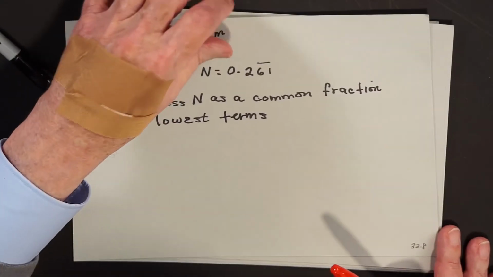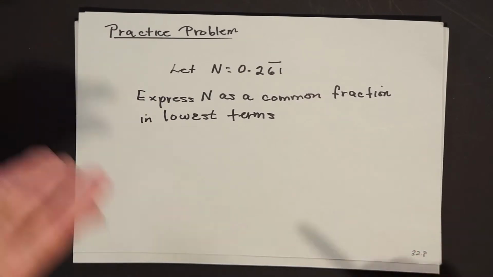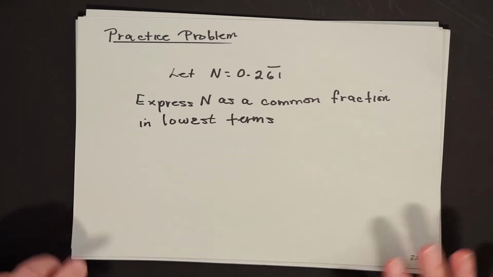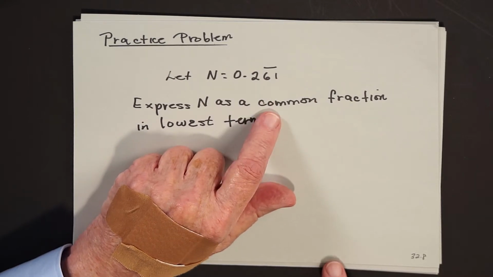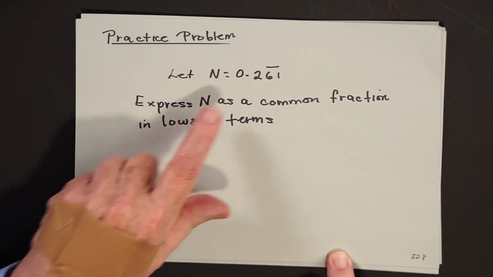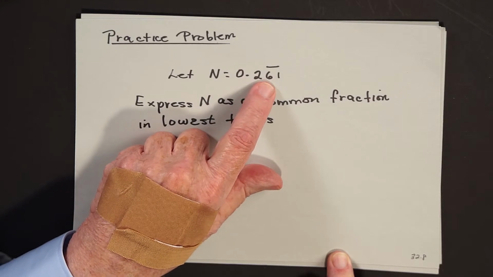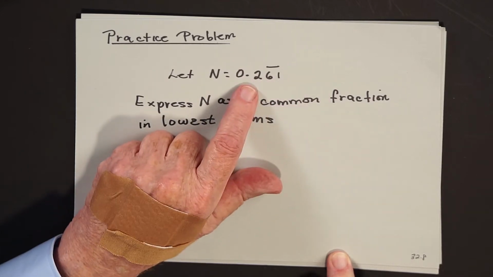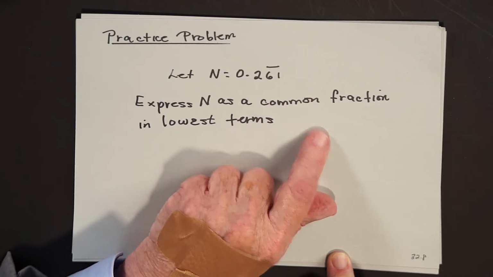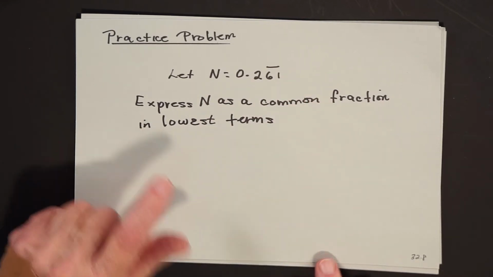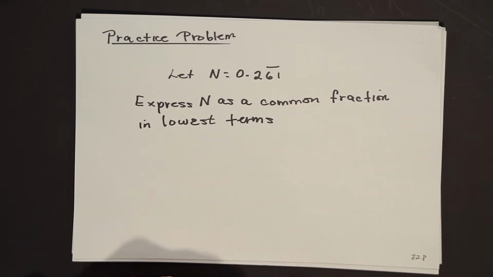Well, I think that's confusing enough to bring us to a stop for today's lesson. So let's come to our practice problem, where the practice problem just wants to see if you've assimilated what we've said about how you convert a repeating decimal to a common fraction. It says let n be 0.2616161, in other words, a 2 followed by the repeating cycle 61, and represent that as a common fraction in lowest terms.